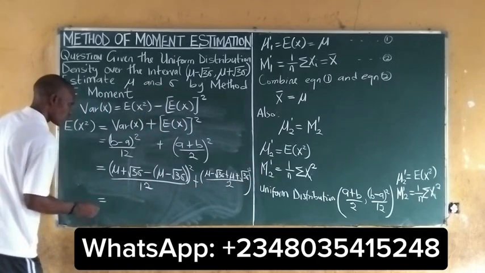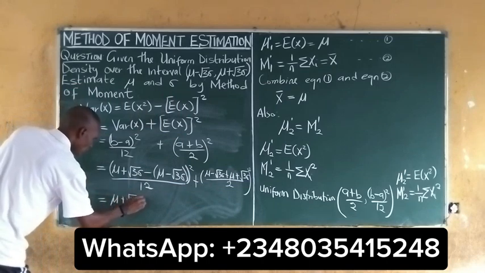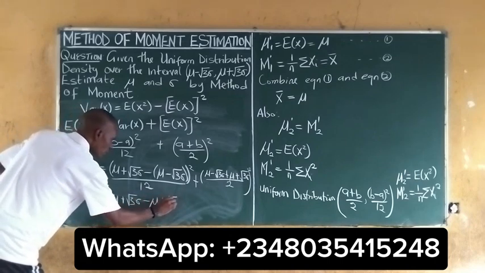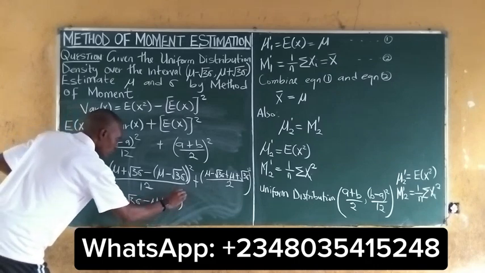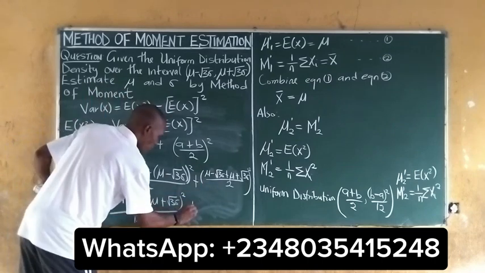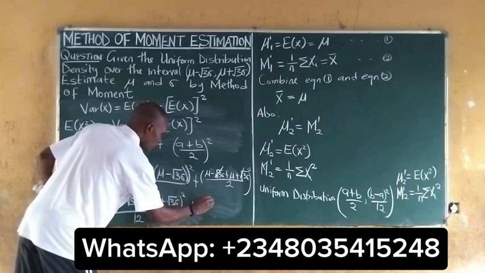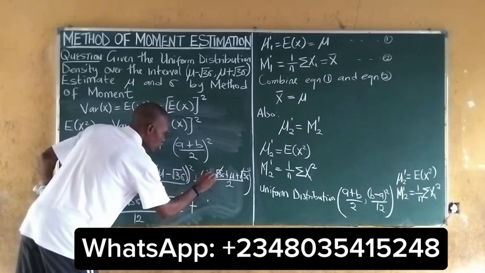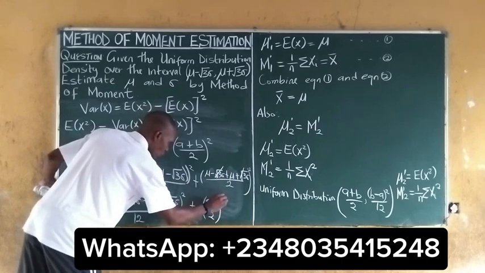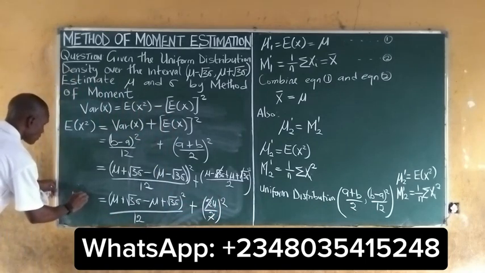So if we open the bracket, we'll have mu plus square root of 3 sigma minus mu plus square root of 3 sigma all squared all over 12. And we have here to be plus, of course, this will cancel this and we'll be left with mu plus mu, which is 2 mu all over 2 all squared. 2 will also cancel 2.